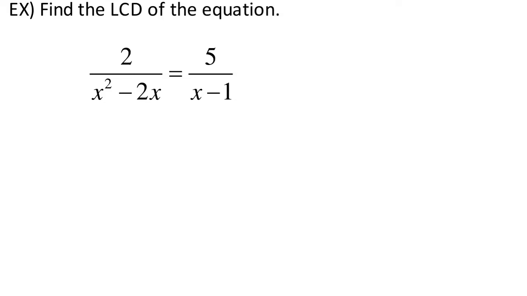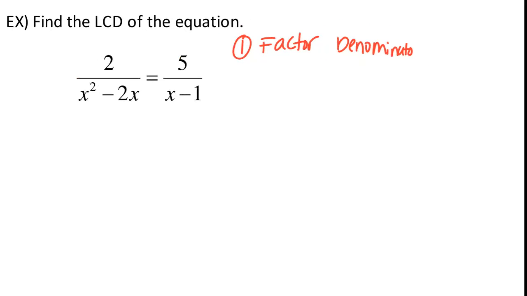Okay, so remember the first thing you want to do is factor the denominators. Okay, that's the first thing I do is factor the denominator. So if I look at this first one, x squared minus 2x, do I have a GCF here?